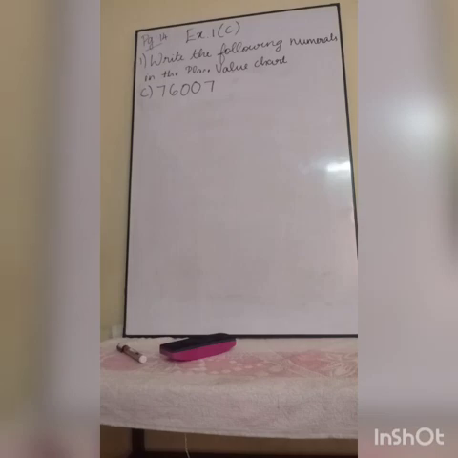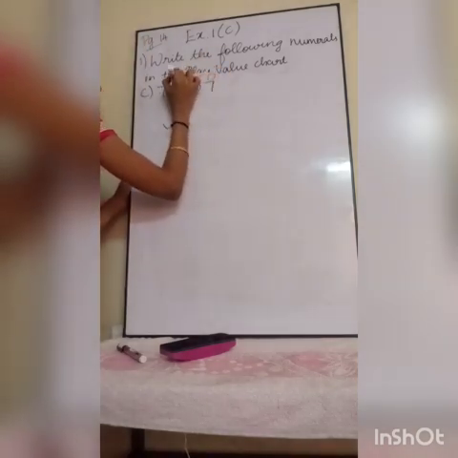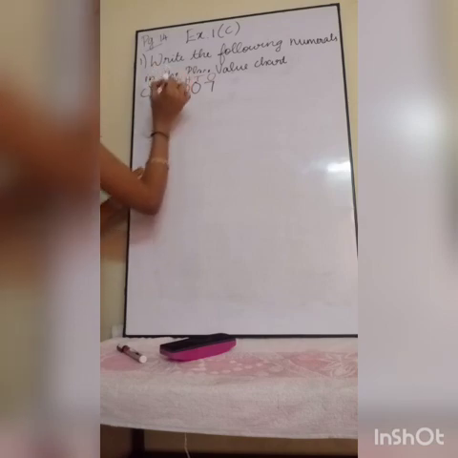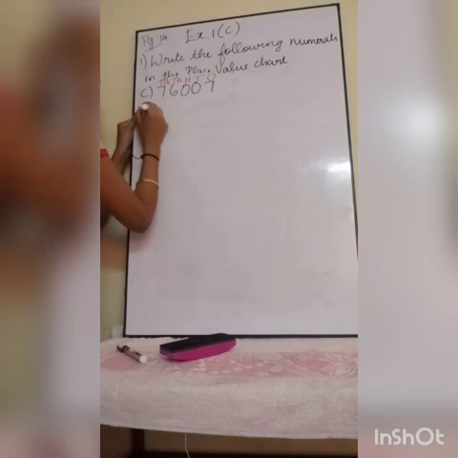Okay. So what I am going to do, I am going to write the place values: 1s, 10s, 100s, 1000, 10,000. Okay. So I am going to start from this 7.